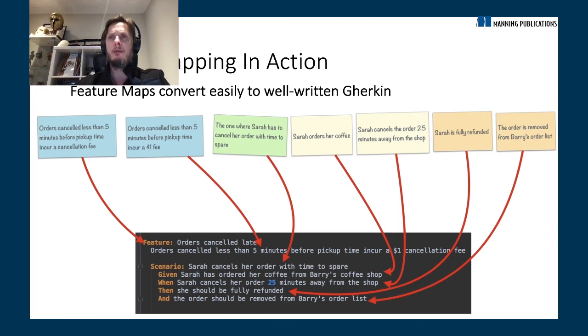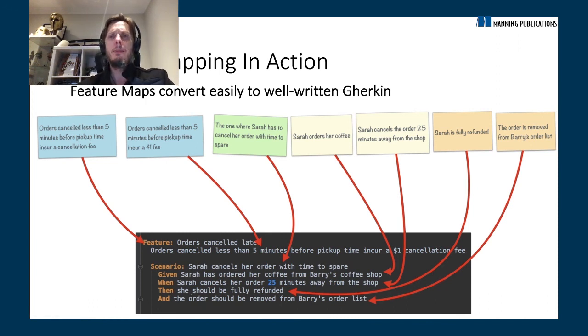Now, there are some more advanced tricks that we won't be looking at here because it'll take a bit longer, but we can convert feature maps into tables and have more structured formats. But as a rule, if we can express a requirement as a feature map, we get the right level of granularity, the right level of abstraction for our given when then statement. So it makes it much easier to write good quality given when then.